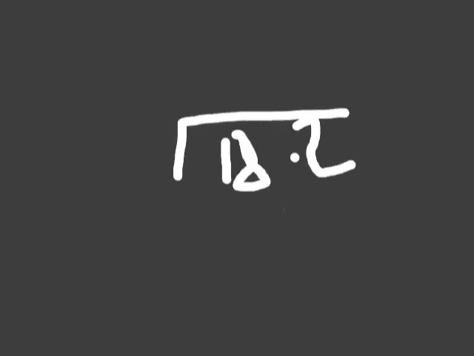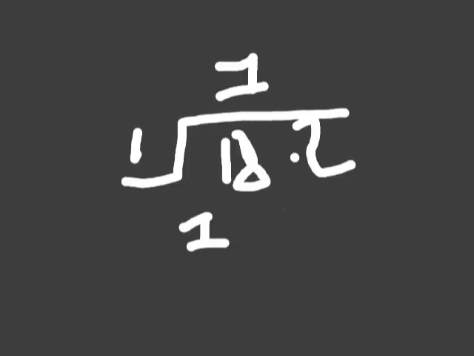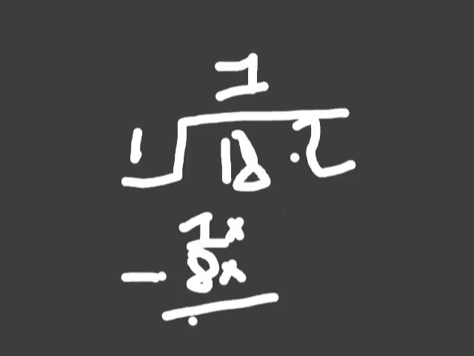And I'm just going to check my work right now. So 18.2 divided by 1 equals 1. 1x minus 0.8x equals 0.2x. And that's your answer.